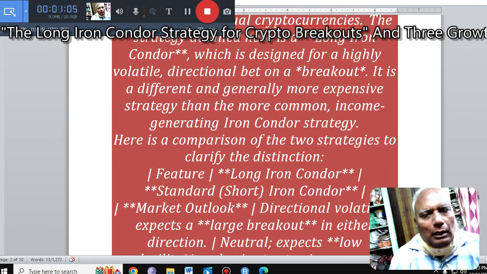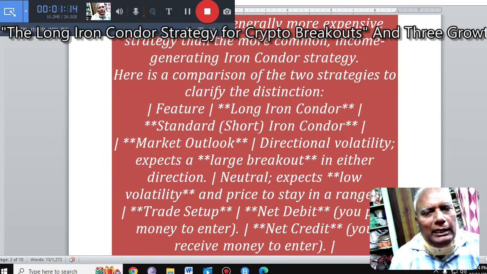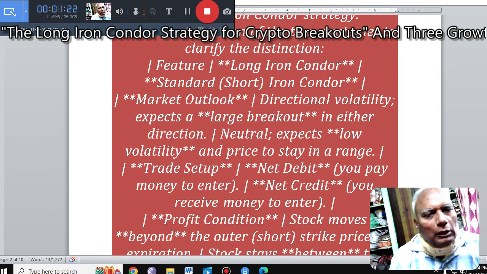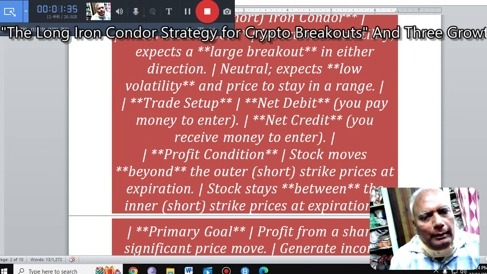Long iron condor versus standard short iron condor. Market outlook: directional volatility, expects a large breakout in either direction, versus neutral, expects low volatility and price to stay in a range. Trade setup: net debit, you pay money to enter, versus net credit, you receive money to enter.